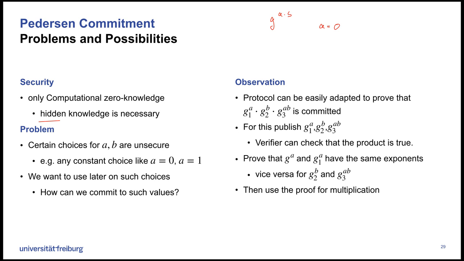Or if you have small exponents, what you get is g to the a times b, which will be 1. So this holds for all numbers. But what will happen is that if you take some trivial small numbers, then you can see the result.